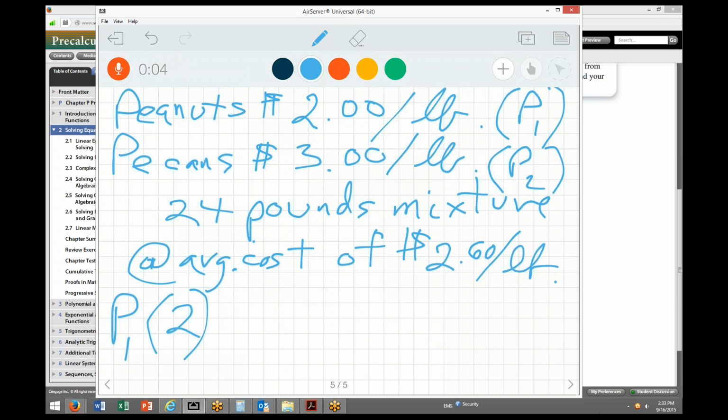So the number of pounds of peanuts, P1, times the price per pound of peanuts, 2, plus the number of pounds of pecans, that's the P2 variable, times their price per pound, 3, of course in dollars, is equal to the total number of pounds, 24, times the mixture average cost of $2.60.